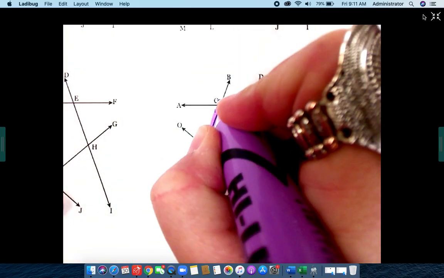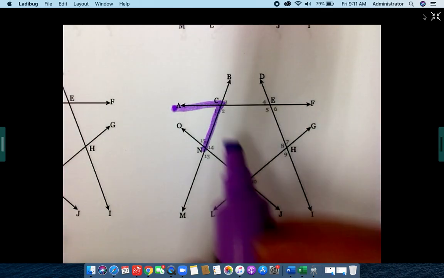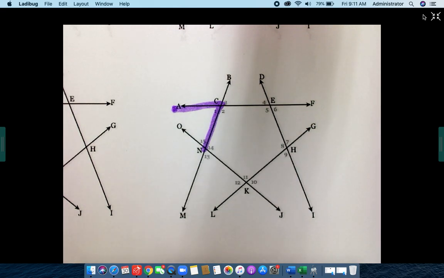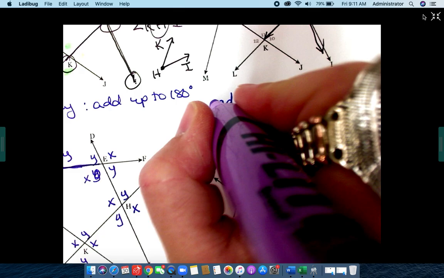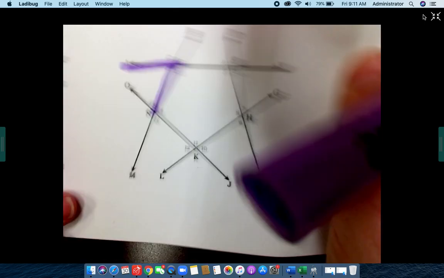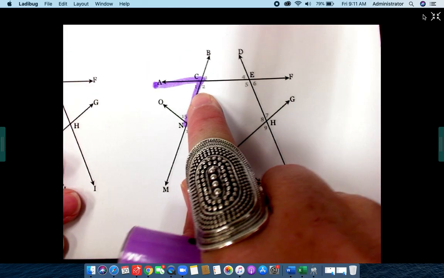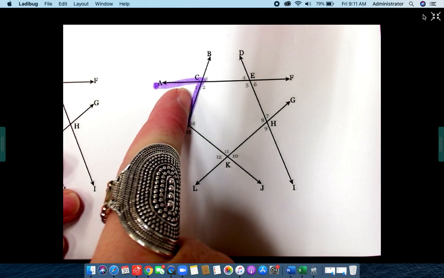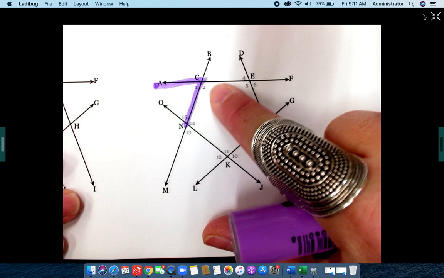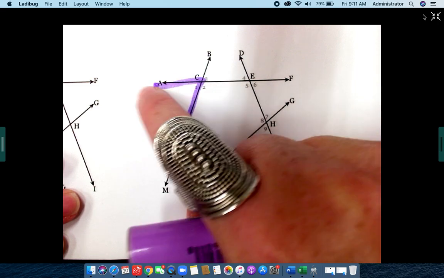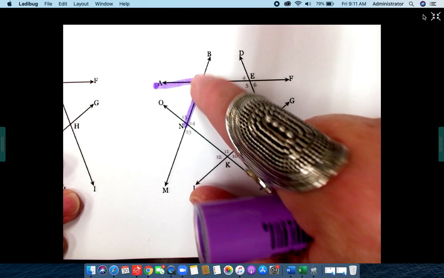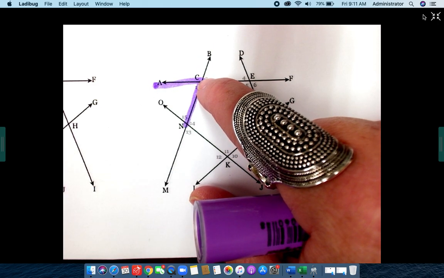So NCA, that's angle 1, but it says which angle is next to. Adjacent meaning next to. So if I want to know what angle is next to angle 1, I would choose angle 2. Is this angle ACB next to it? Yes, but it says what number.